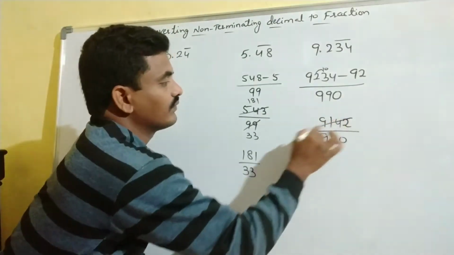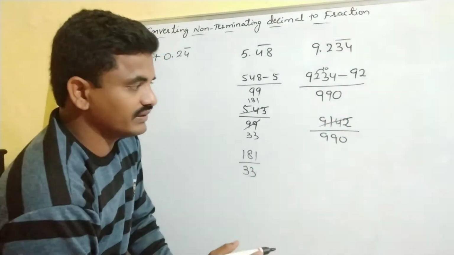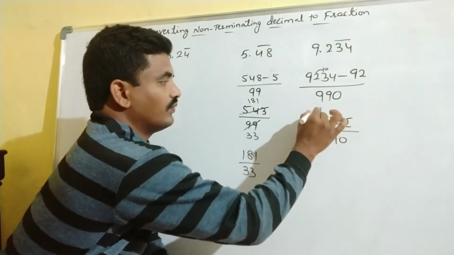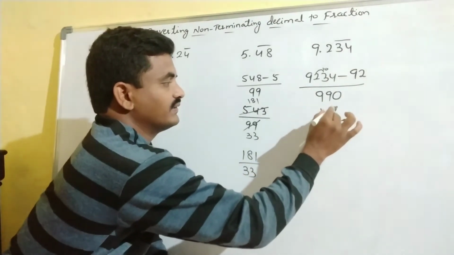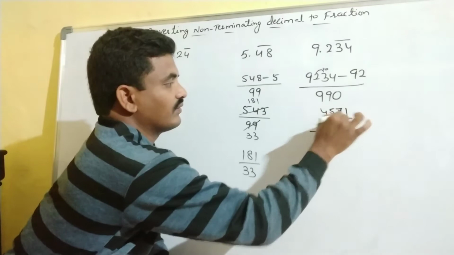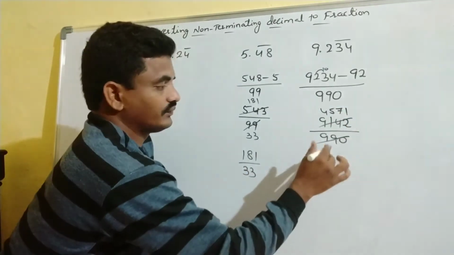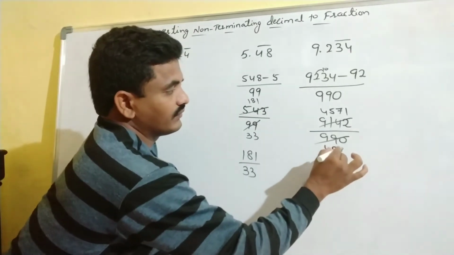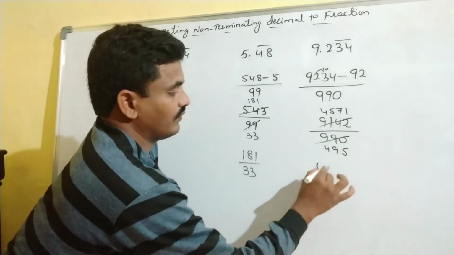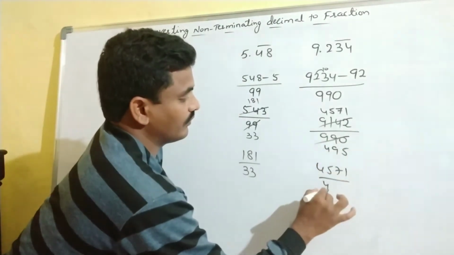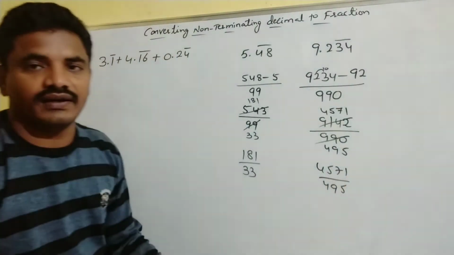Dividing by 2, we get 4571 by 495. Like that we can write it.